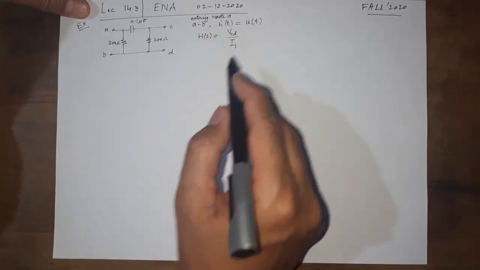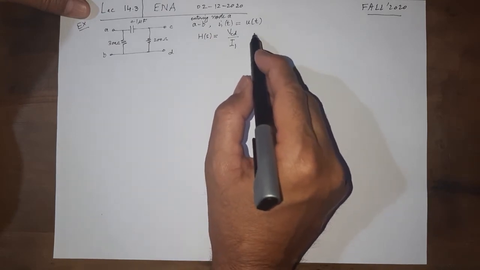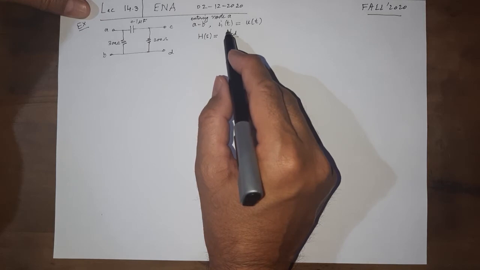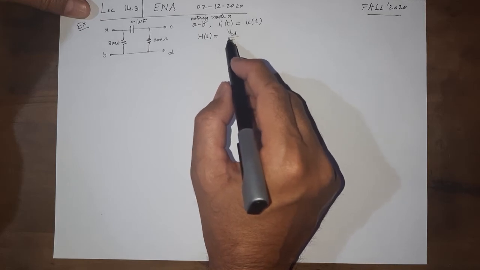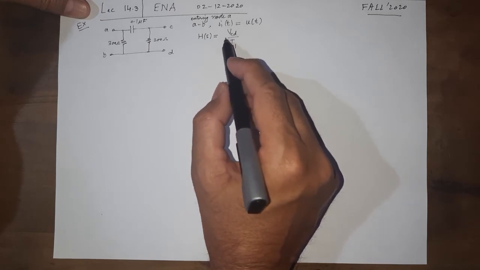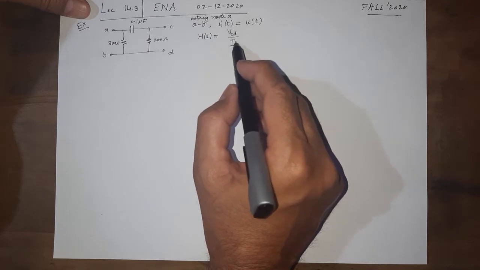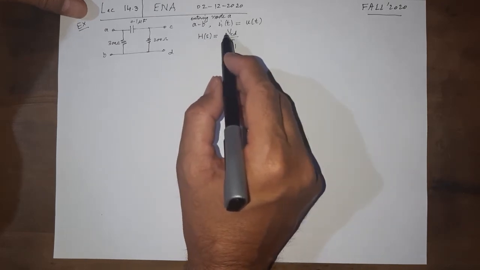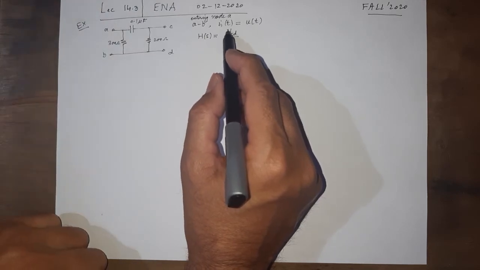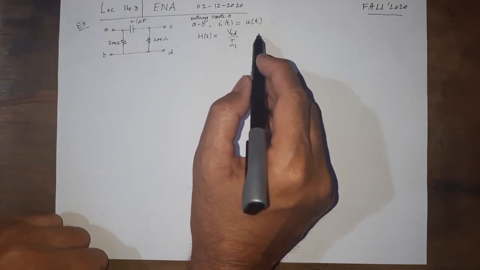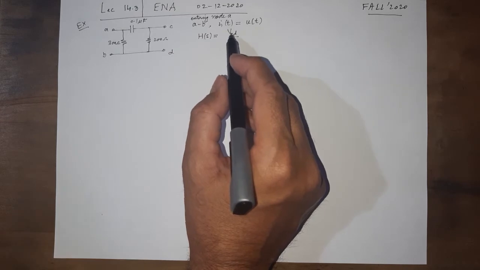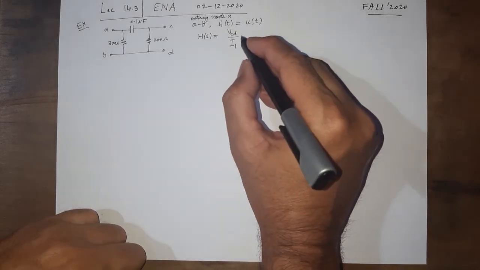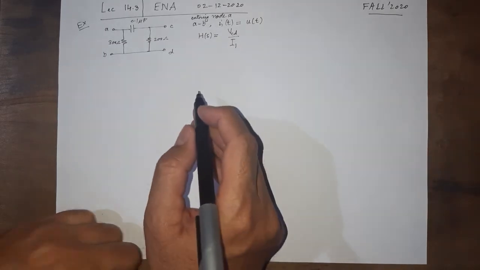If the transfer function is a ratio between V's or I's, V over V or I over I, then it is dimensionless. But if the transfer function is a ratio of V to I, then it has the units of impedance, and if it is between I and V, then it has the units of admittance.